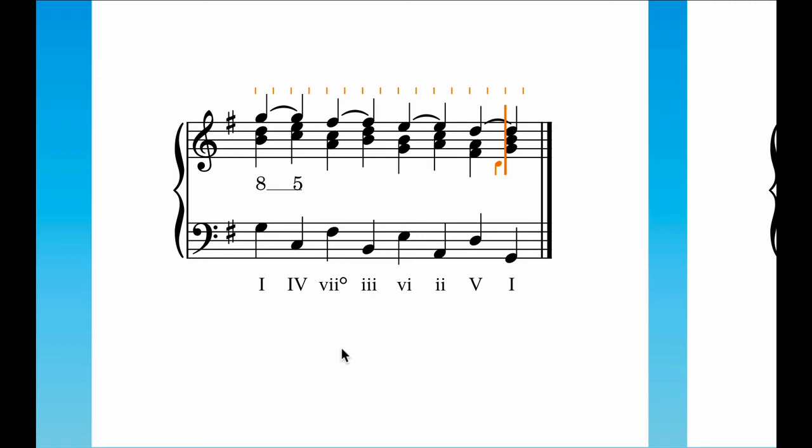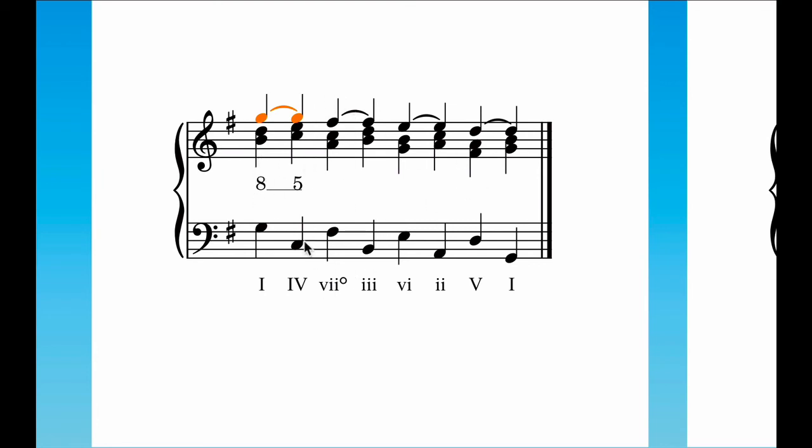There we go. So there's our 8/5 pattern throughout, and if we play that, we hear this sequence, and it's just all descending basses by third. Just a very common progression.